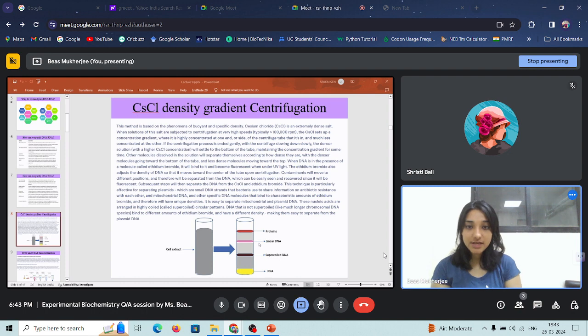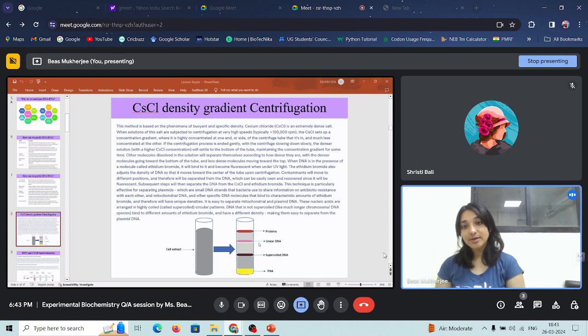Now, DNA molecules that bind to a characteristic amount of ethidium bromide will be seen. This technique is particularly effective for separating plasmids, which are small DNA strands that bacteria use to share information on antibiotic resistance with each other, and mitochondrial DNA and other specific DNA molecules that bind a characteristic amount of ethidium bromide and therefore have a unique density.